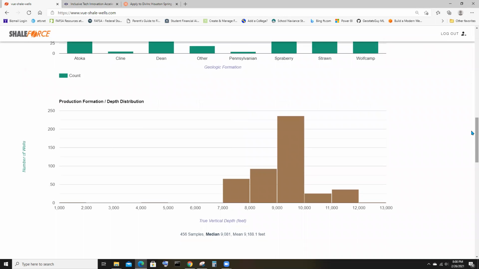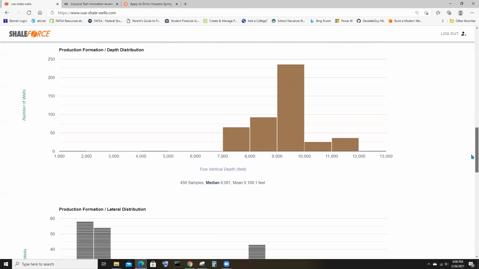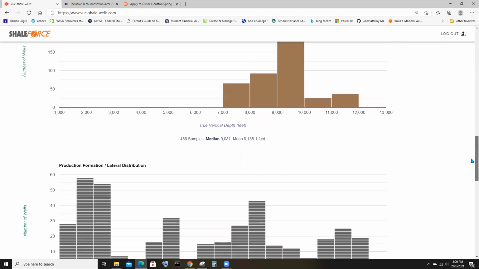And further down here is the range of depths that the production from these different formations comes from. You can certainly see quite a number of them around 9 and 10,000 feet. And down here it also gives you the mean and the median. Remember, the median is like the P50, right? In this case, the mean is a little bit bigger, and usually that's the case.